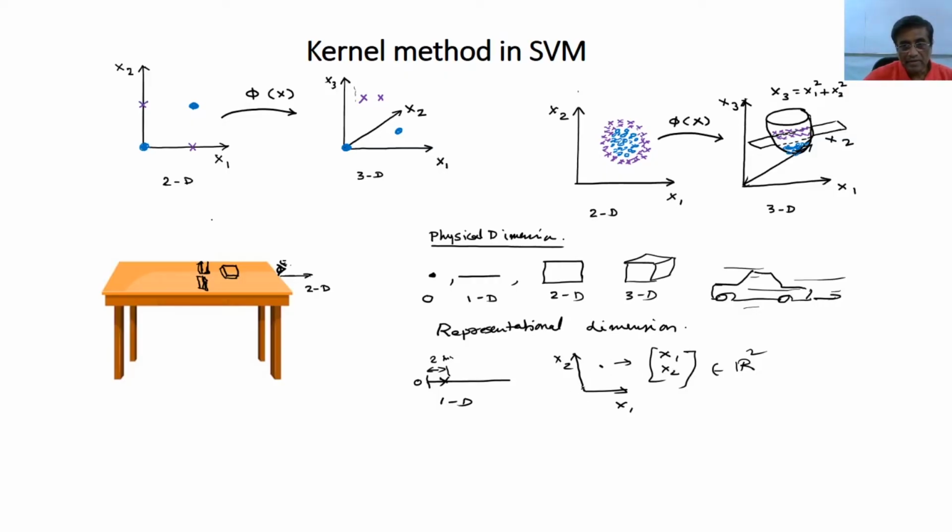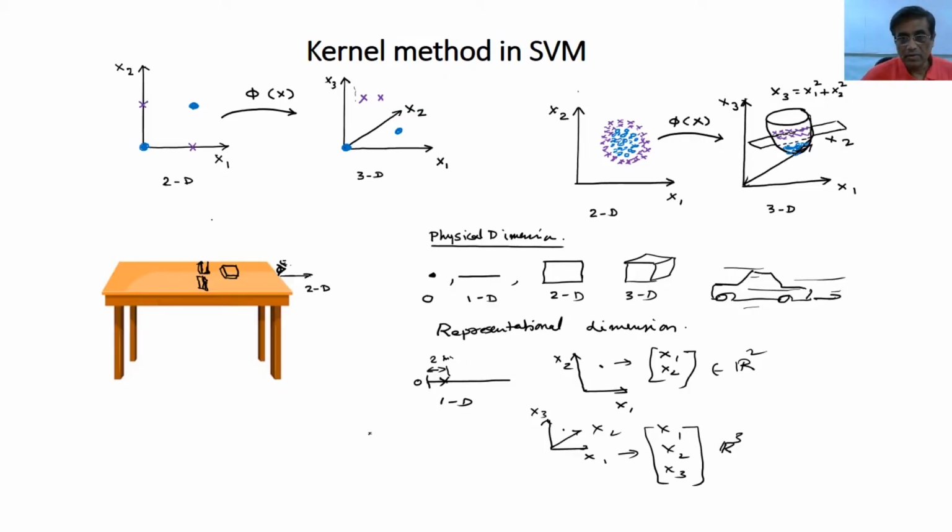Same point, if I increase the dimension now, say x1, x2, x3, the same point will now have 3 dimension. For representation, I need 3 parameters. So now it belongs to 3D. So this is actually representational dimension.